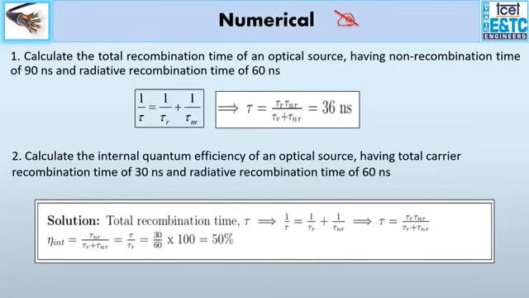Can you verify? Yes, both 50% efficiency. The one thing that I wanted to tell you is, please look at the efficiency of an LED. The maximum is around 50 that you are seeing in this problem. Normally it is less than 50%. So we need to see how we can increase it, by reducing this radiative recombination lifetime. Only then will we be able to get a good LED or a higher efficiency.